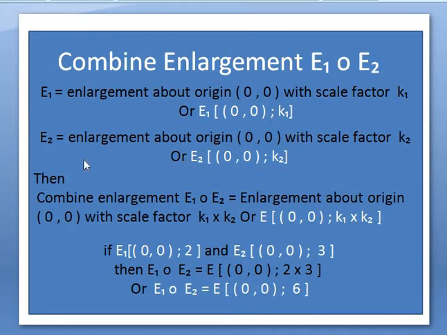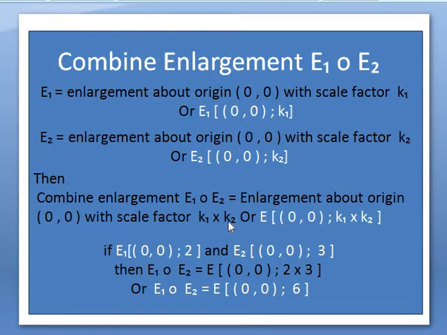The combined enlargement of these two successive enlargements is given by E1 o E2, and it is equal to an enlargement about the origin (0, 0) with scale factor k1 times k2.